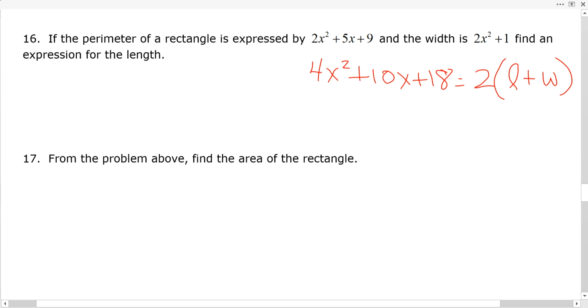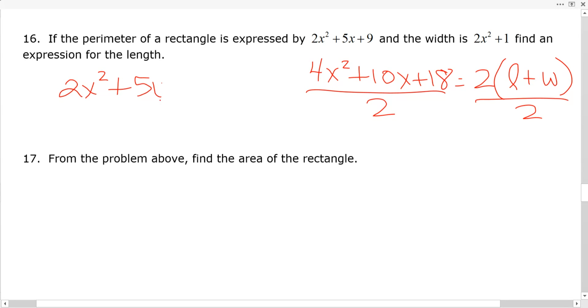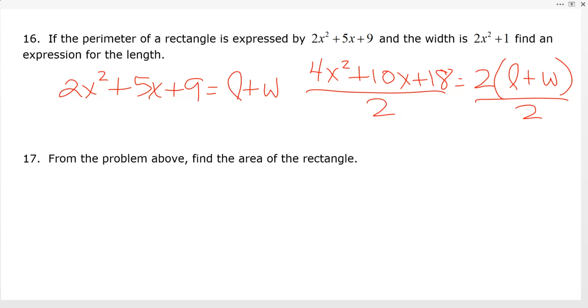If I divide everything by 2, which gets me back where I started, I can at least find the perimeter that way. So when I divide by 2, I have 2x squared plus 5x plus 9 equals length plus width. So yes, I totally cheated just to make it work out so we could at least work the problem. Otherwise you get decimals and it's ugly.